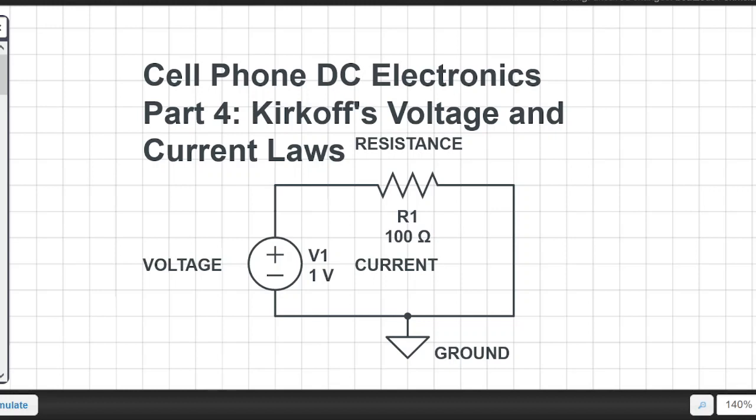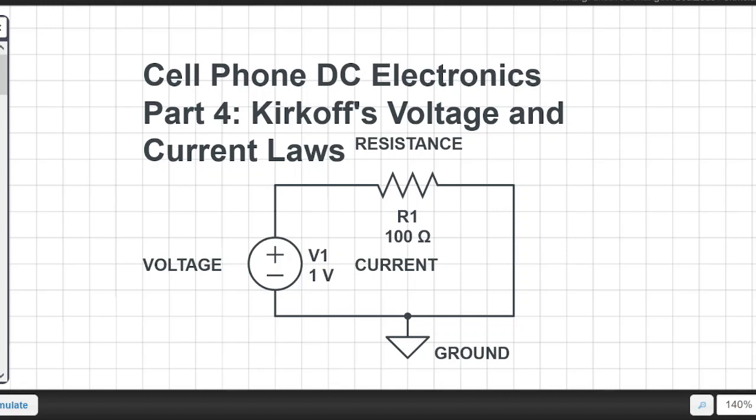So Kirchhoff's current law is essentially the same thing. Each component has a certain amount of current through it until it reaches that ground point and essentially reaches 0.